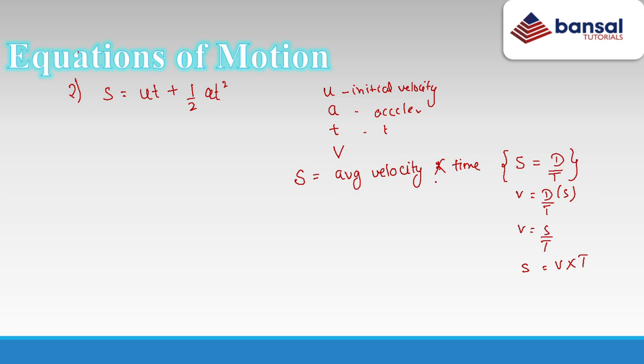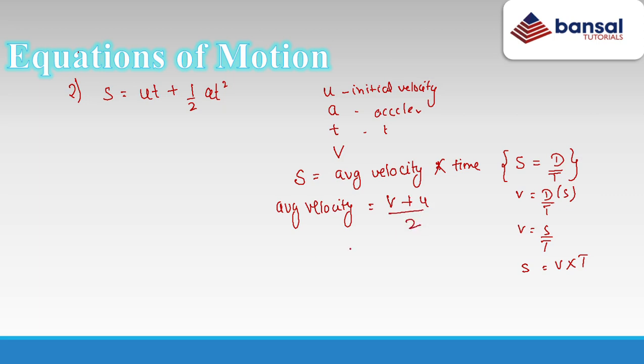Okay. So as we all know, average velocity is given by the formula: average velocity is equal to initial plus final, that is, v plus u, divided by 2.